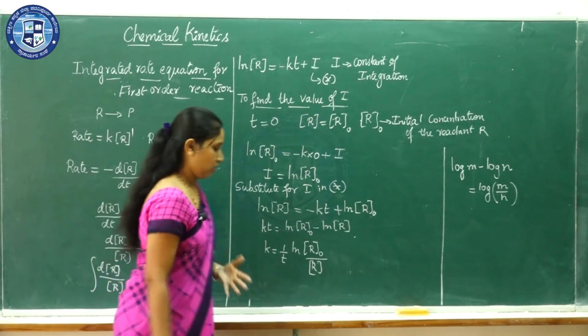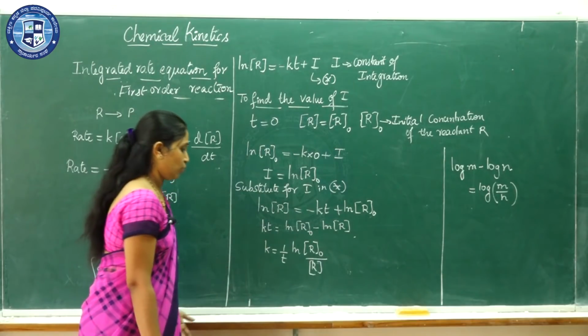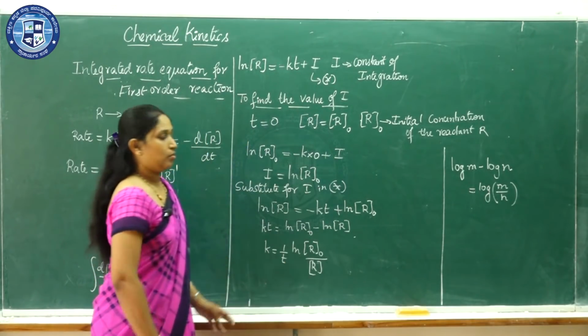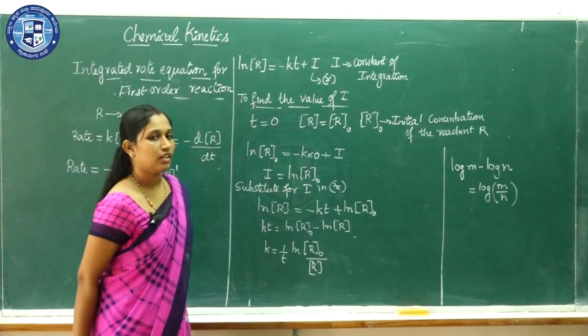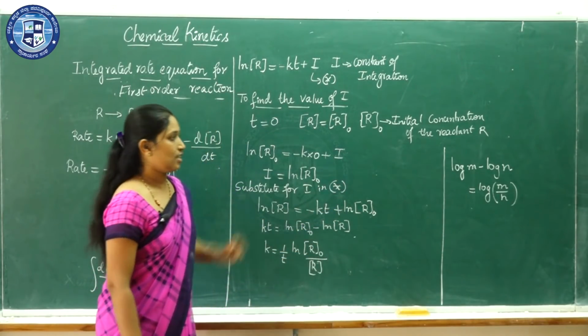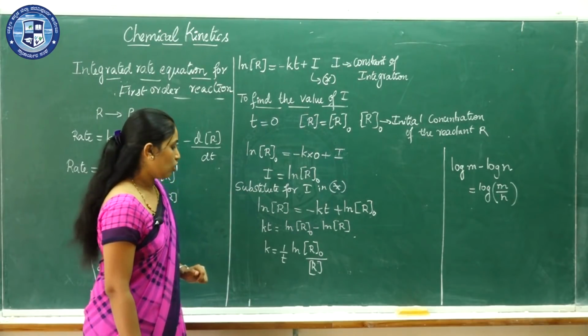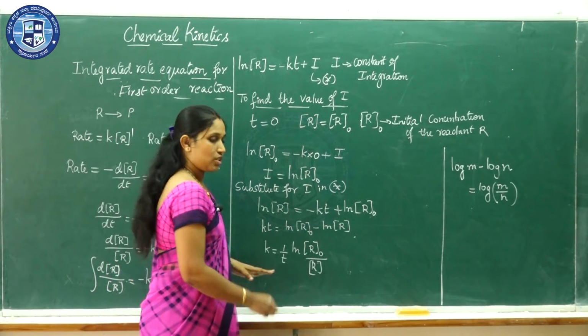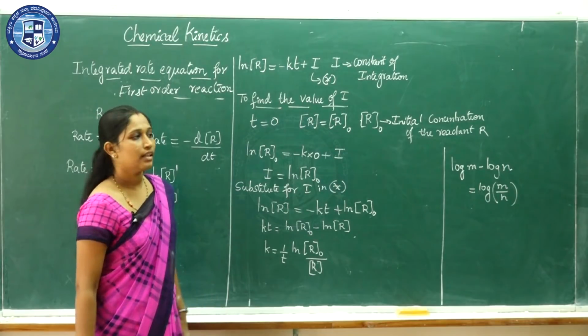Further, for the calculation of problems, if we are not comfortable with the ln, we can convert it to log. Log means it is to the base 10, as I told you in the earlier case. So how do you do that? Just multiply by 2.303.